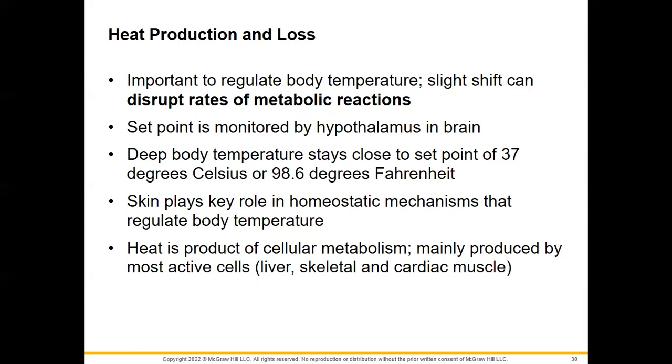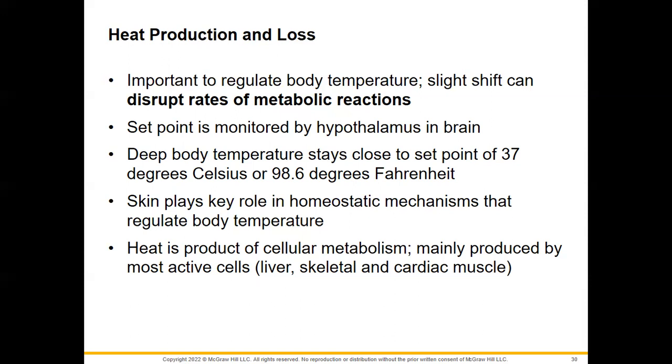Deep body temperature stays close to the set point of 37 degrees Celsius, which is 98.6 degrees Fahrenheit. When we say deep body temperature, we mean the core of the body, the inside of the body, will maintain that body temperature more than the surface, of course, because the core is further away from the surface, so it's harder for the heat to be released. So it's able to maintain that temperature much better.